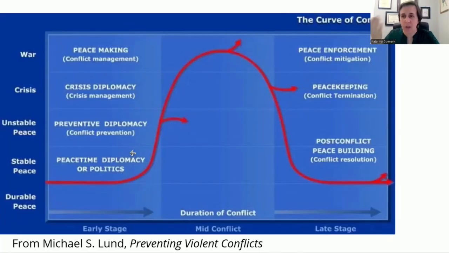Then if things do escalate into an all-out war, you enter into peacemaking or conflict management. This can include third parties intervening, such as the United Nations. You're basically managing the conflict again, trying to see what can be done in order to end the war.